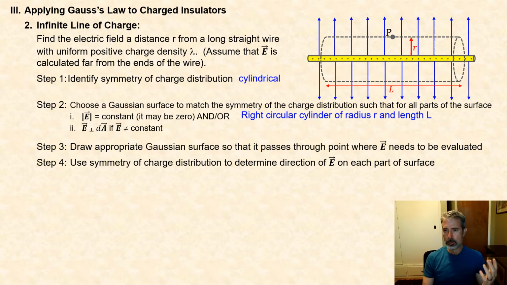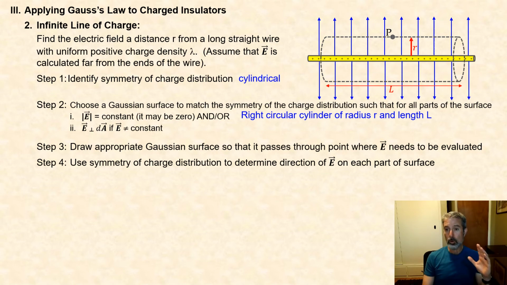And again, because of the cylindrical symmetry, we see that the electric field is going to be directed radially outwards. There can be a radial dependence, but there can be no angular dependence, because of the symmetry. This rod looks the same through any angle theta or phi, when you're looking at cylindrical polar coordinates.